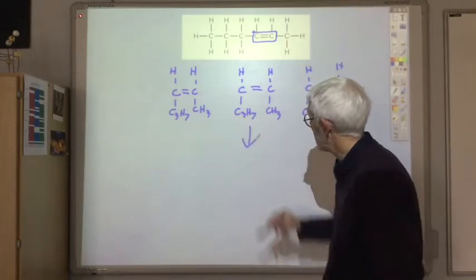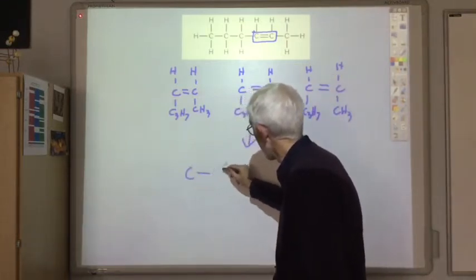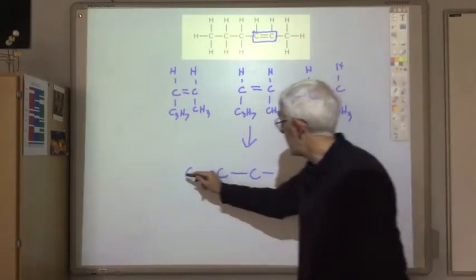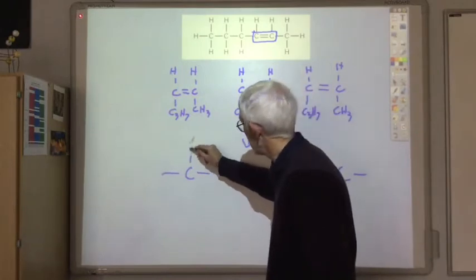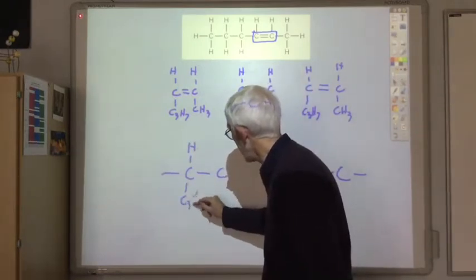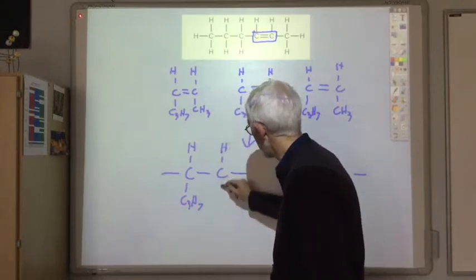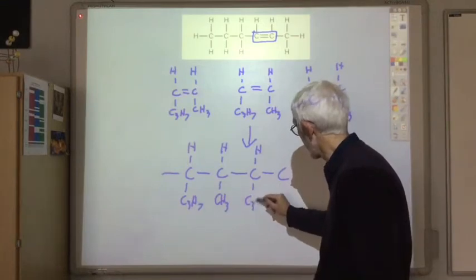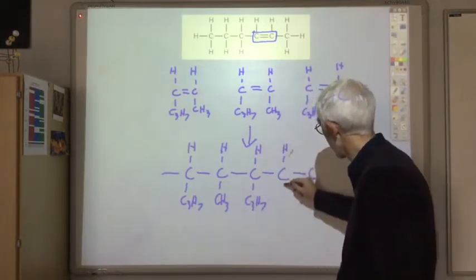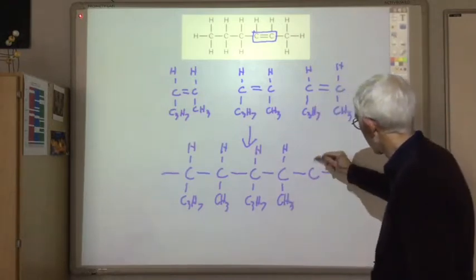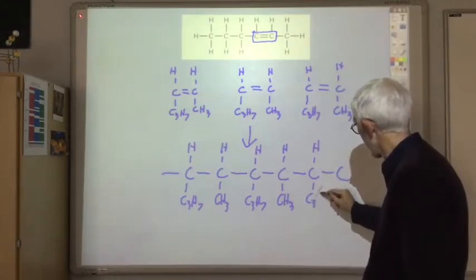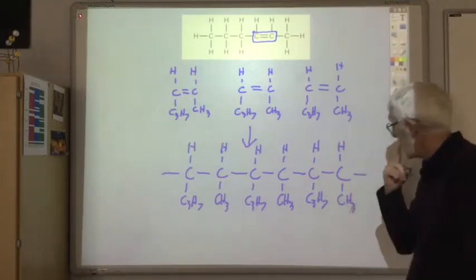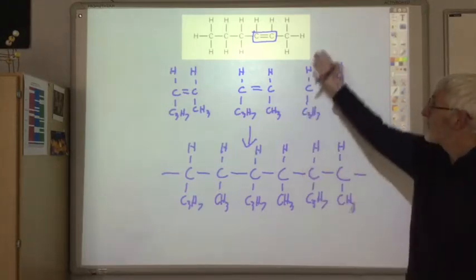If we join them together to form a polymer, the backbone is going to have 6 carbons, with a free bond at the end, and then we just put in the H, C3H7, H, CH3. And then we just have to keep on repeating that. And there's the polymer that you would form from this monomer.